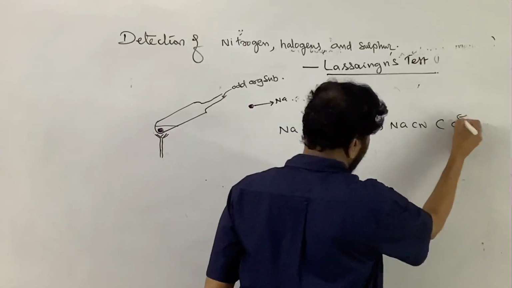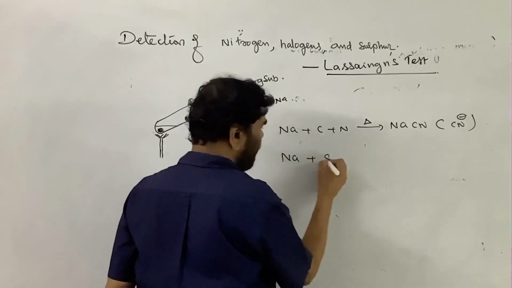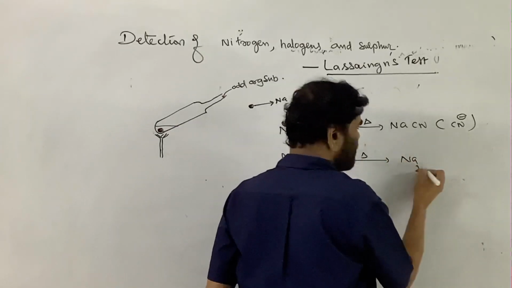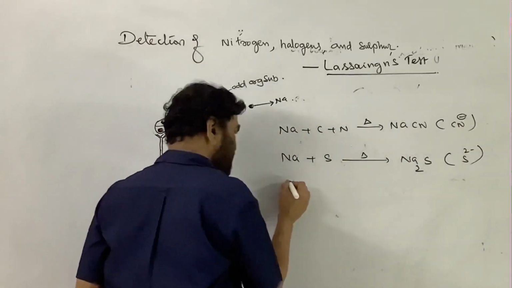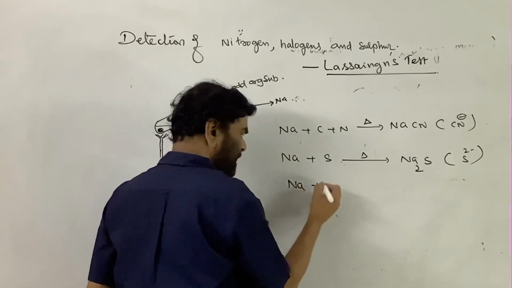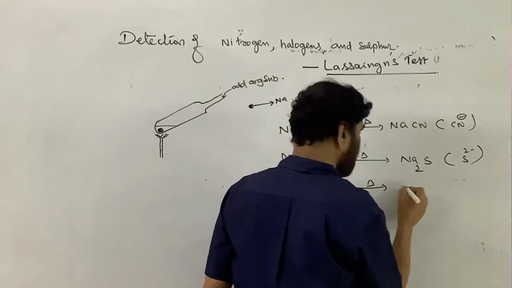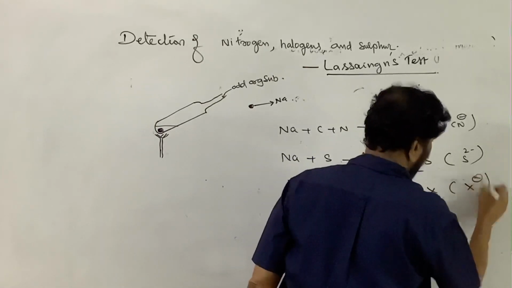This is converted into the cyanide ion. If the organic compound contains sulfur, then it is converted into sodium sulfide, that is, sulfide ion is formed. Na, previous equation, the X, organic halogen, is converted into sodium halide, and halide ion is formed.